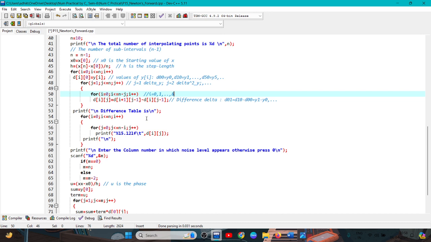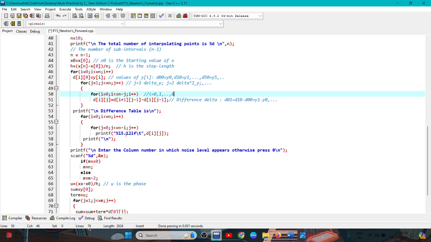And now print the difference table: for i equal to 0, i less than or equal to n, i plus plus, and for j equal to 0, j less than or equal to n minus i, j plus plus, print with the format 15.12 lf. This lf is long float, because we defined this variable as double.